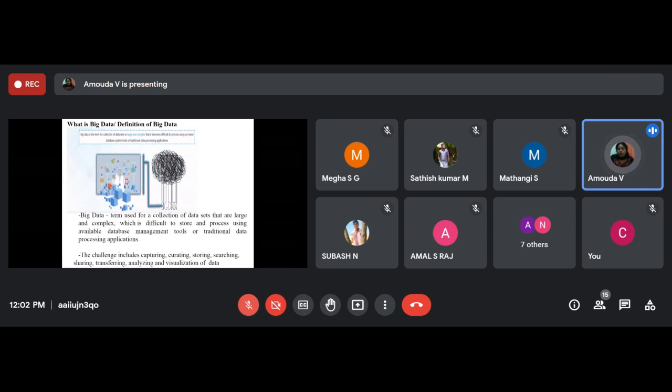The structure will not be the same as structured relational table data. It may have structured, unstructured, semi-structured data, video, audio, whatnot, all combined together and very difficult to process. Such data we call big data, not huge data. Do you understand?